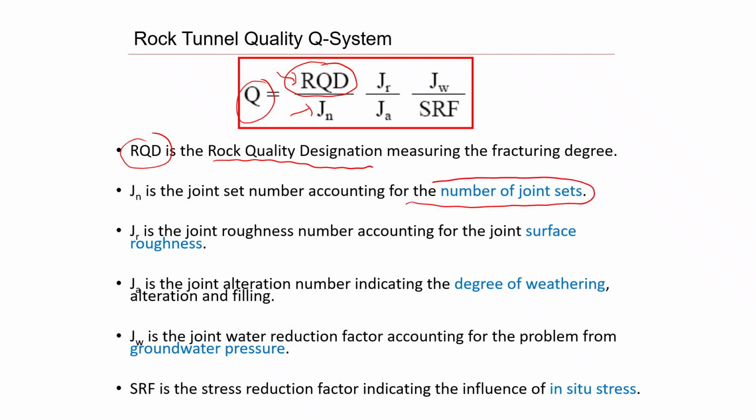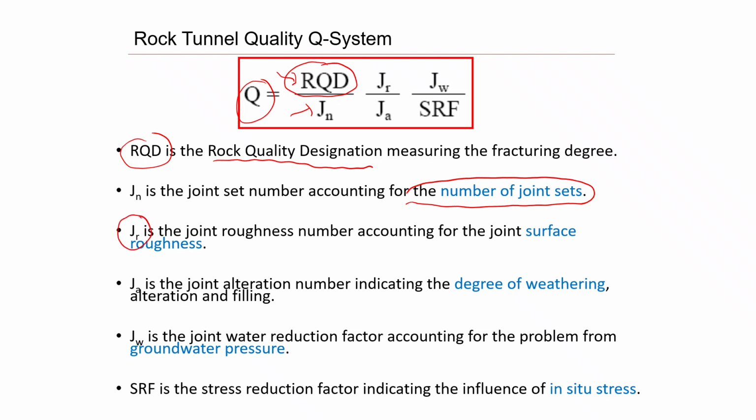Like most of these parameters, it's mostly about discontinuities and joint sets, because joint sets affect the overall strength of the rock mass. Another parameter is related to surface roughness.